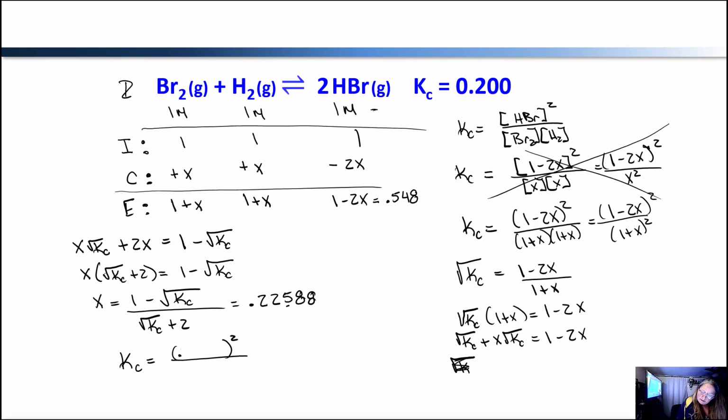So my HBr is the 0.548 squared, and my 1 plus x is 1.2258 squared. They're both the exact same concentration. So let's see, what do we get?